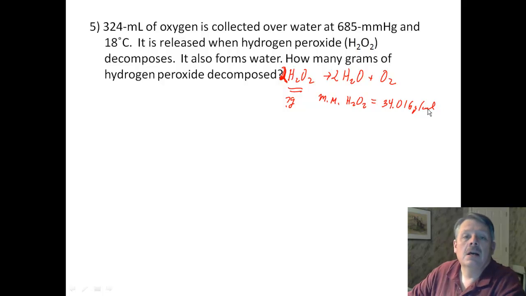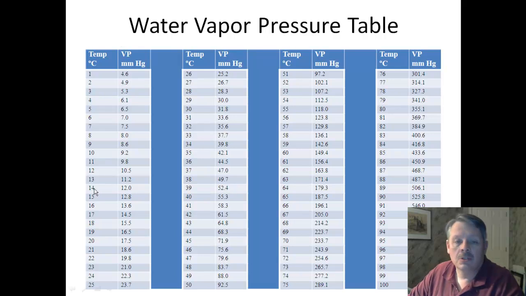Let's see. We're looking at 324 milliliters of oxygen. So we know that that is 0.324 liters. Don't need to do a lot of math there. We're talking about collecting it over water at 18 degrees Celsius.